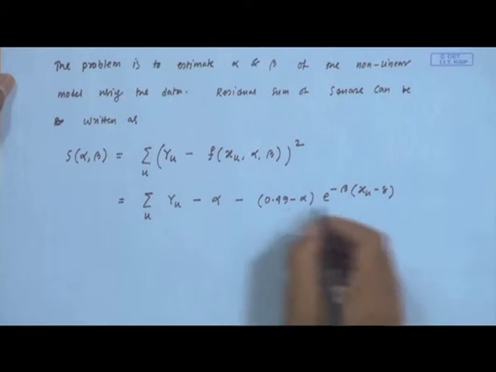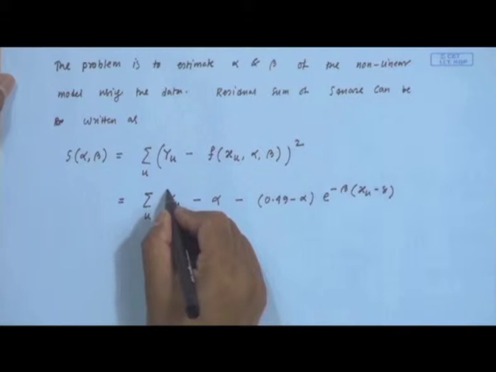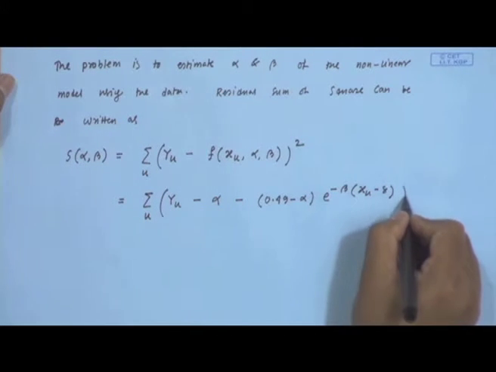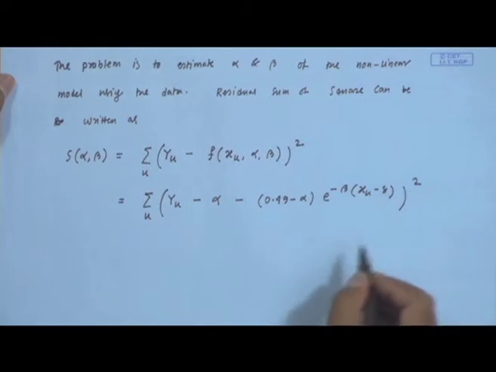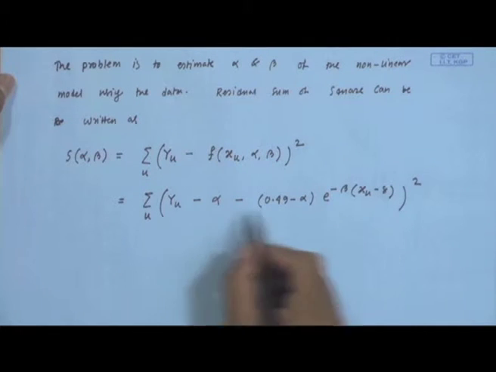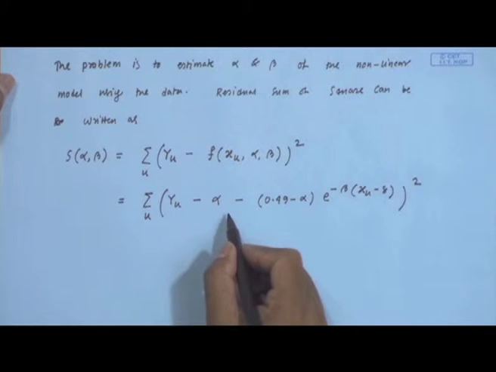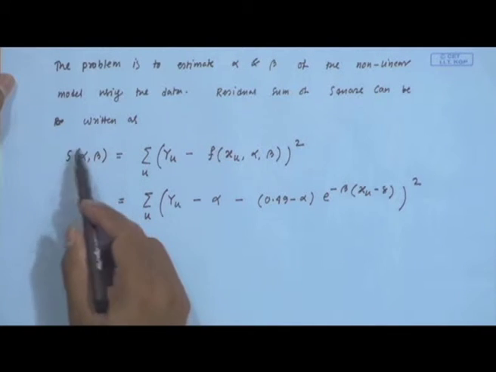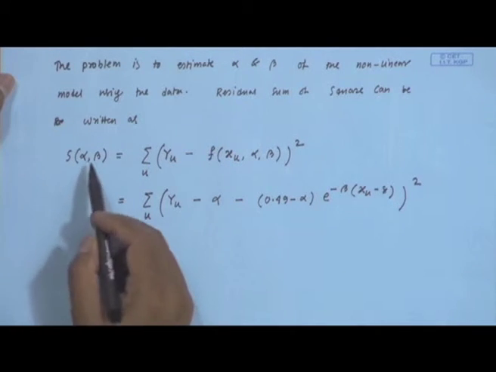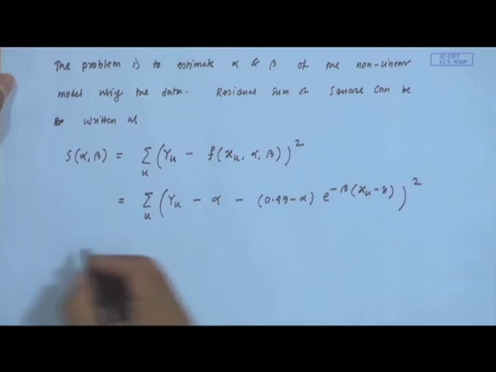Okay. So, this is the nonlinear function we are given, and we have to estimate alpha and beta in such a way that this least squares function is minimum. That is what the least squares method is.